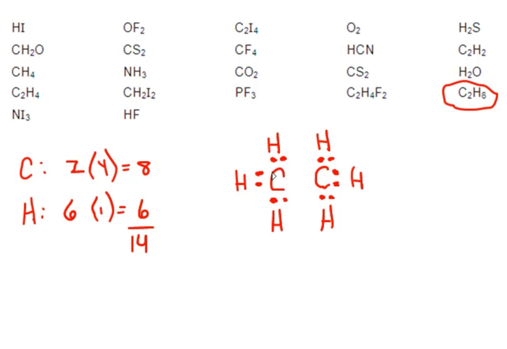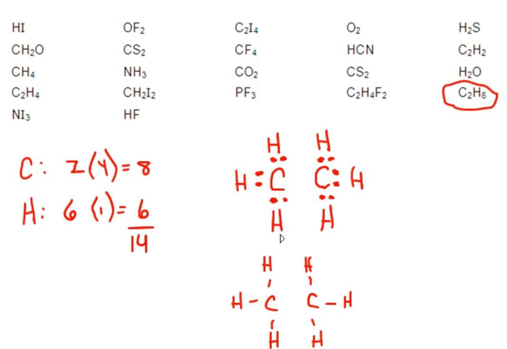Well, as you can see here, if I were to draw this using lines, each carbon at this point has around it 3 covalent bonds. Each hydrogen has the 2 valence electrons that hydrogen gets from covalent bonding.